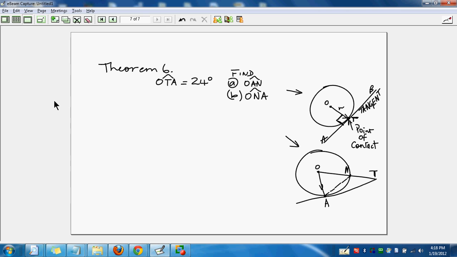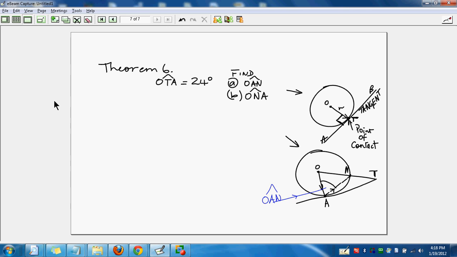So this is my movement. The angle created by that movement is angle OAN, which would be this angle here. Okay, so that's the angle OAN that it is speaking about.